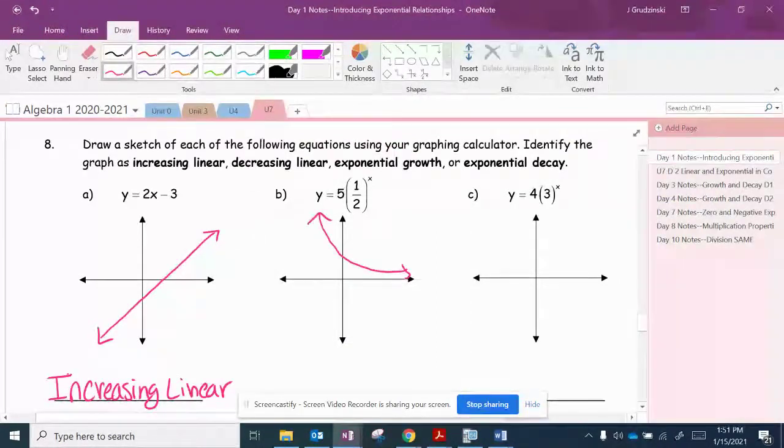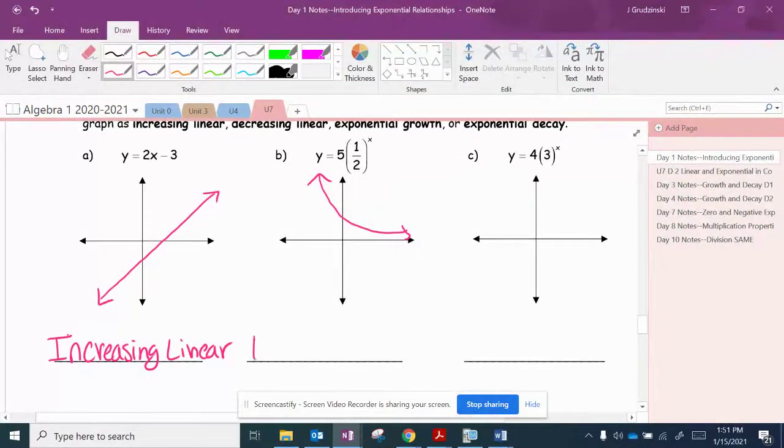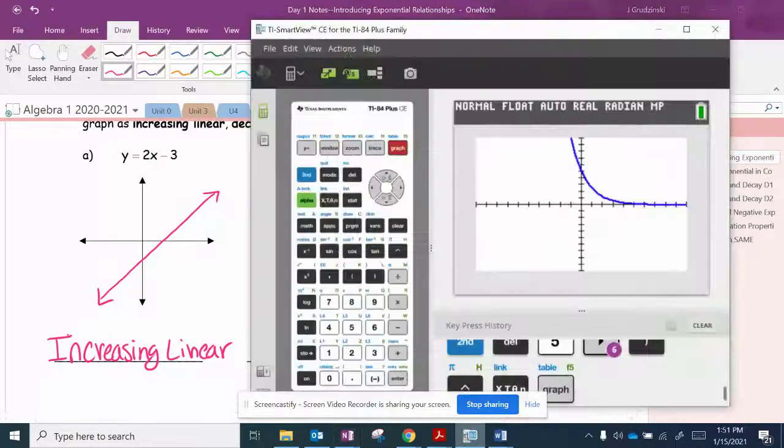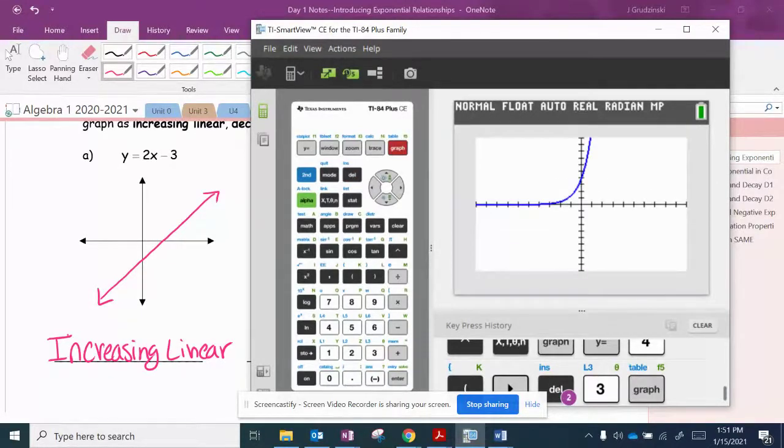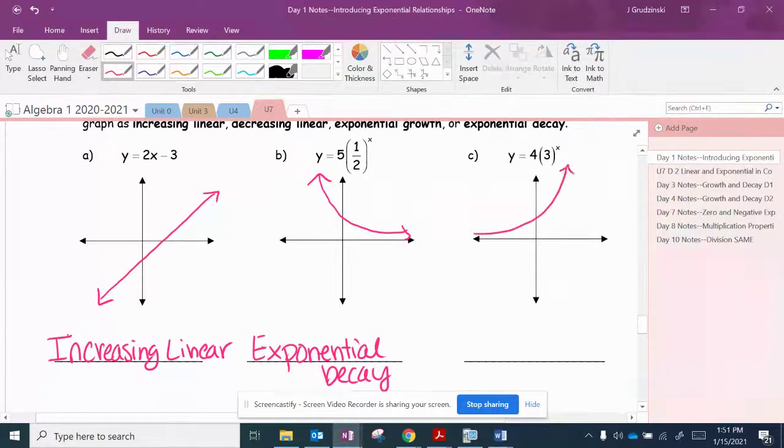So since I have a curve that's going down, this is exponential decay. All right, and if we look at the last one, I've got 4 times 3 to the x. So that looks like this. So that's going to be exponential growth.